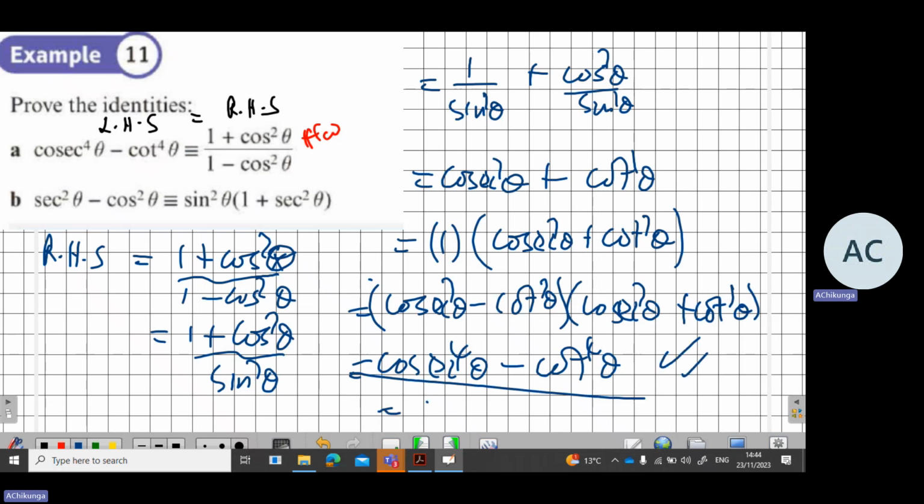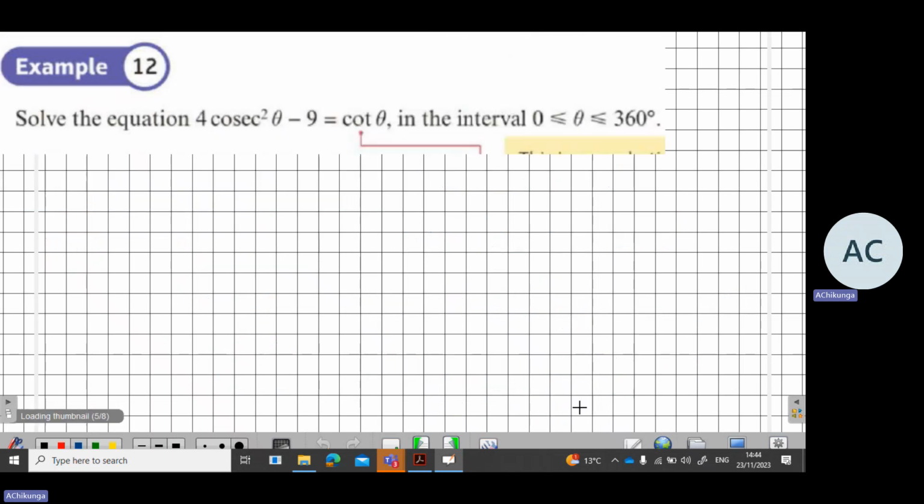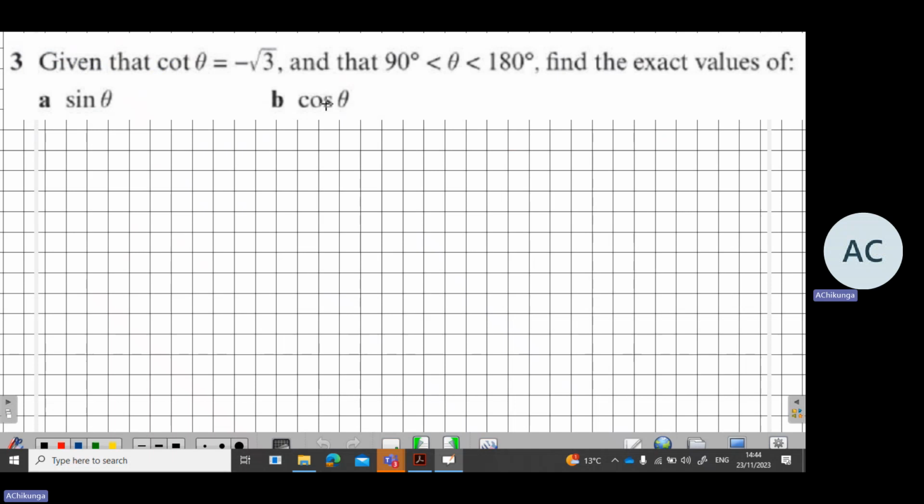I forgot to say equal to the left-hand side as required again. That's perfectly okay. This is your own way to look at it and see how best you can work this through. I'm going to do the last one here, and hopefully this answers everything else.